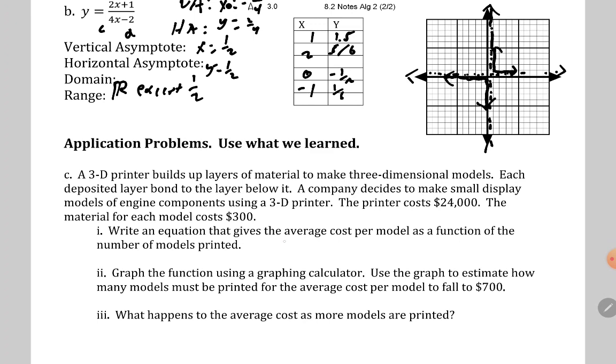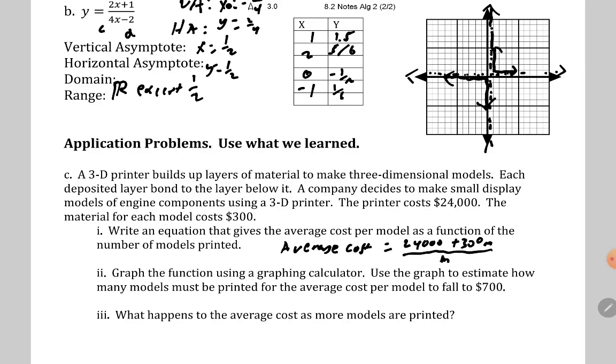So average cost. If we want the average cost, we're going to take our 24,000 plus 300 per model and divide it by how many models we made.